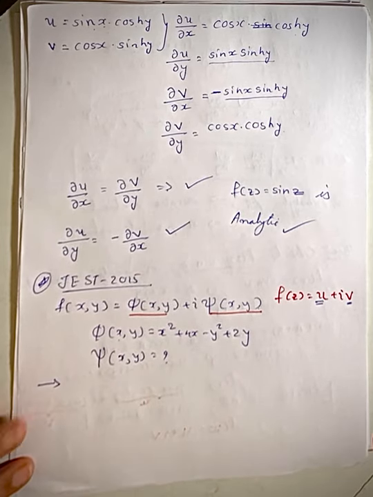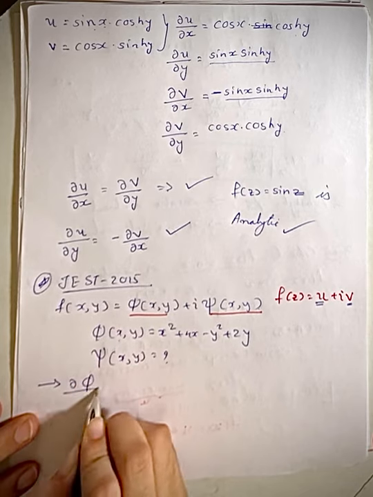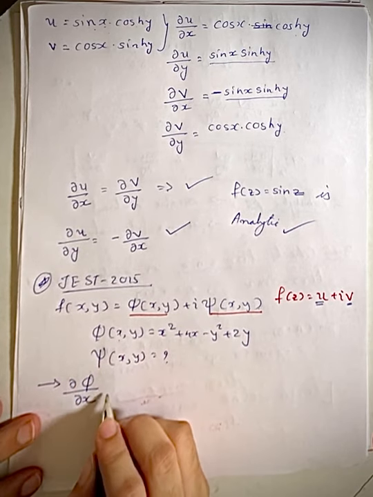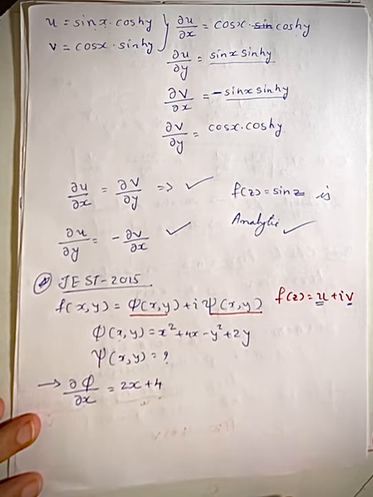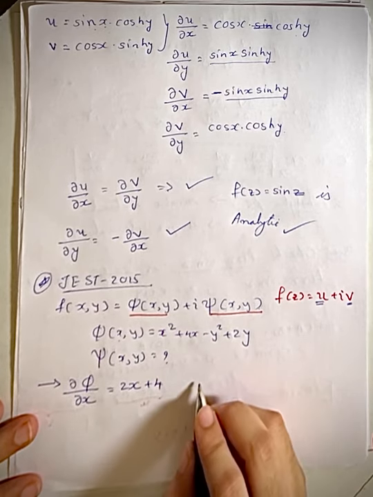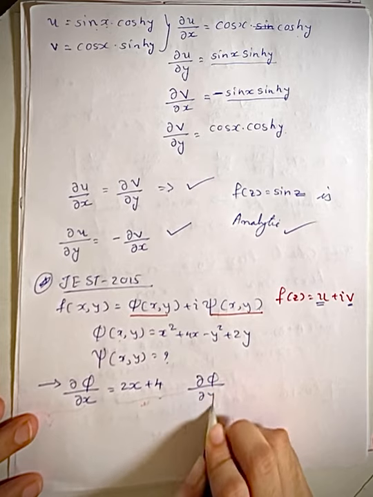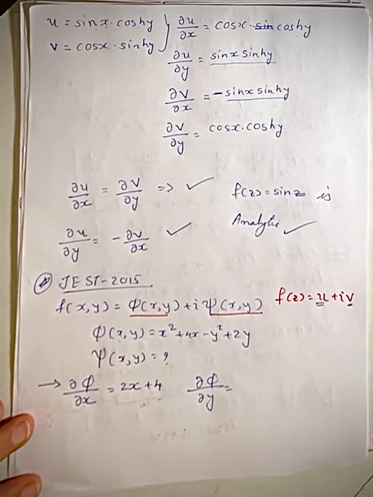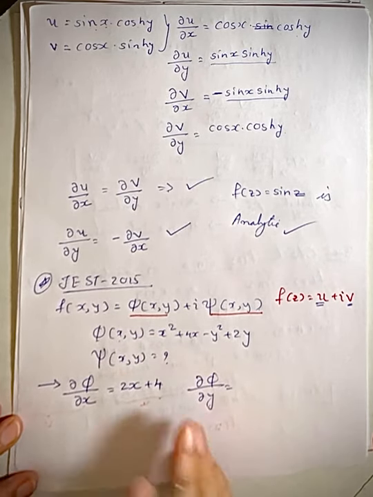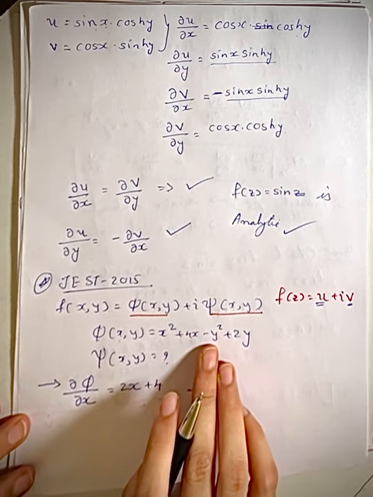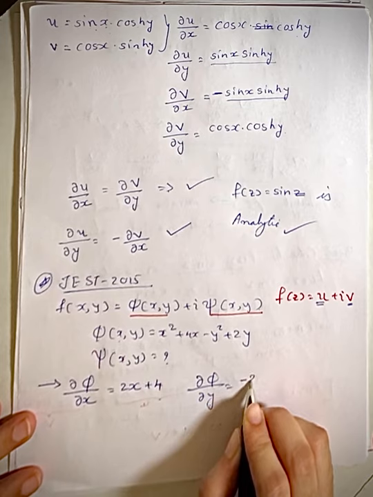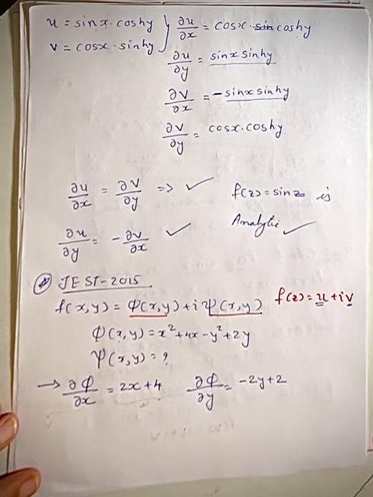So del phi by del x is equal to 2x plus 4, and del phi by del y is equal to, so partial derivative with respect to y means x will be constant, so this will be 0, and then this will be minus 2y plus 2, right?